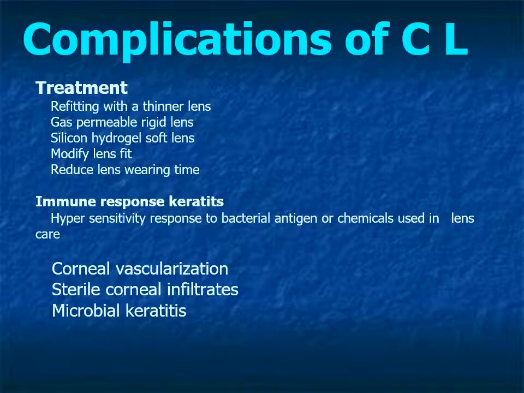So the bacteria have access to the cornea and cause bacterial keratitis, particularly Pseudomonas aeruginosa, and amoebic protozoa cause Acanthamoeba keratitis. The risk with the rigid contact lens is less as compared to the soft contact lens.